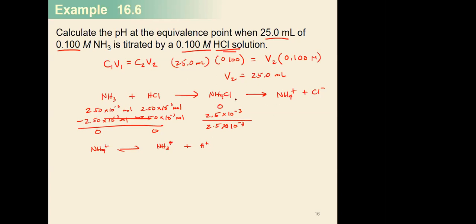So what's the concentration now of your ammonium chloride? The concentration should be 0.05 molar.